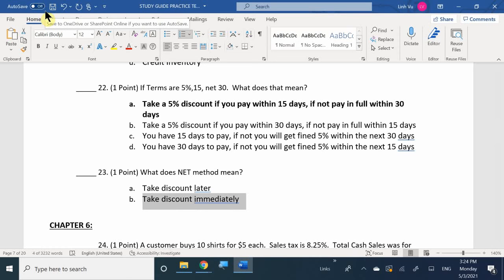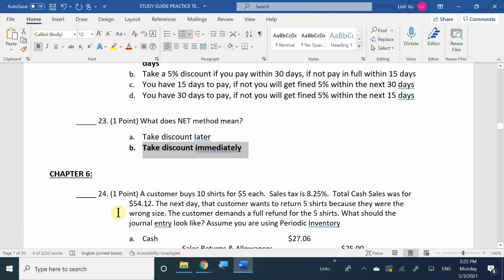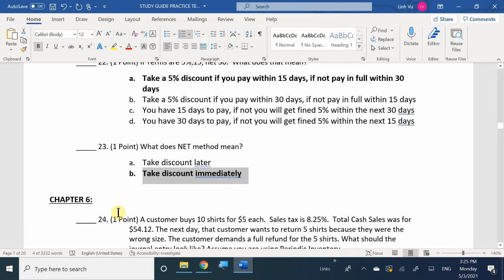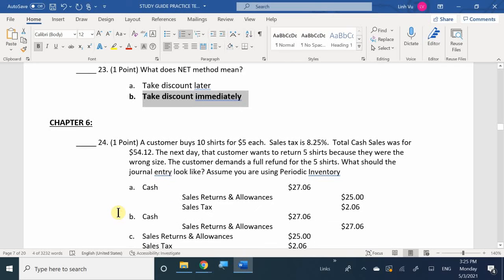If you have gross earnings, that's your total amount that you've earned. And then after you deduct all your taxes, you have what's called a net pay. So there you go. Net means taking the discount immediately. All right, so that was chapter 5.